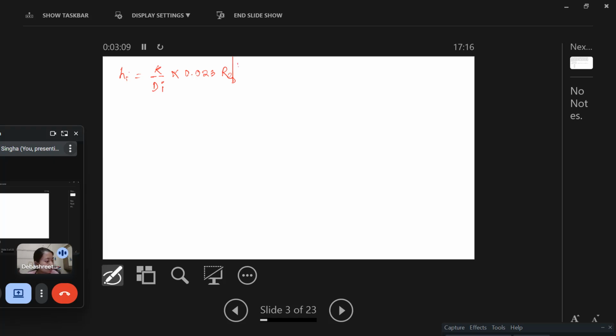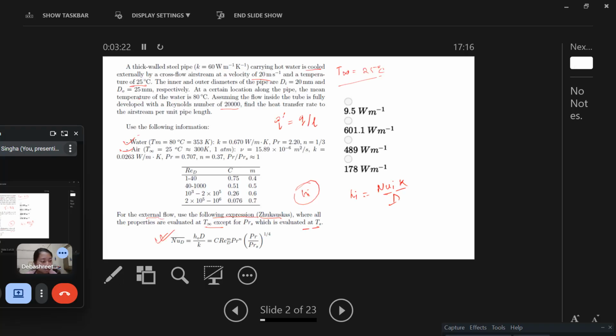So K is given as 60. Sorry, this is for the pipe. This is the thermal conductivity of the solid.